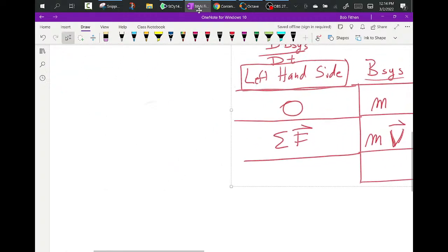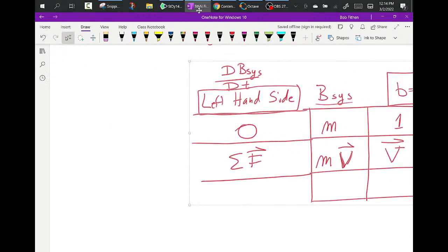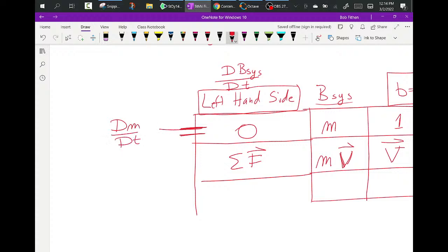And what I'm going to do is do something interesting here. What I'm going to do, I'm going to say equals to, and basically I'm saying dm dt equals to 0.